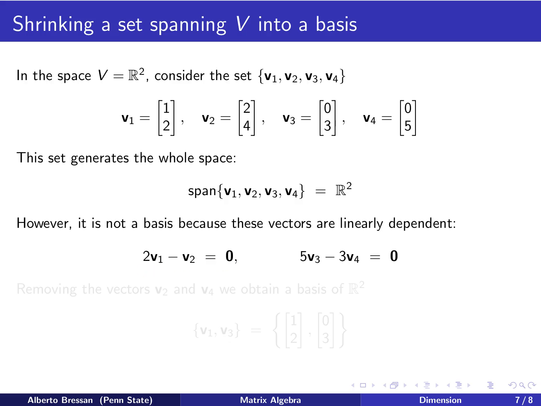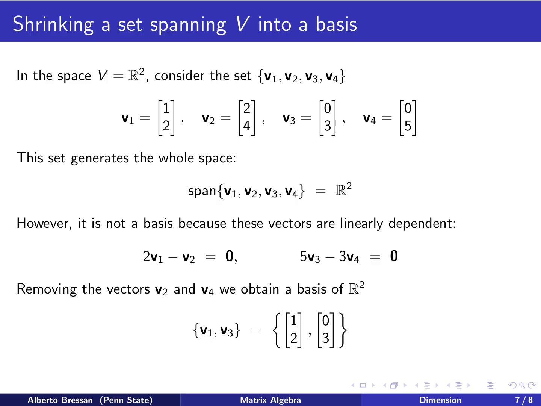And also, between V3 and V4, if I multiply V3 by 5, this is 15, or I multiply V4 by 3, this becomes 15, and then they cancel each other. Okay? So they're not linearly independent, and therefore they cannot be used as a basis of R2.